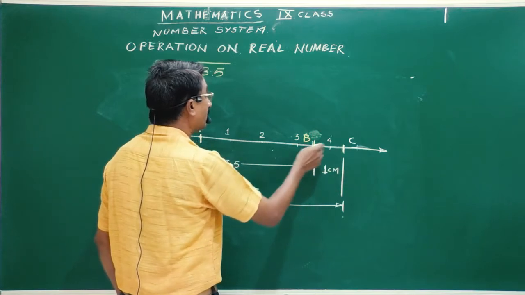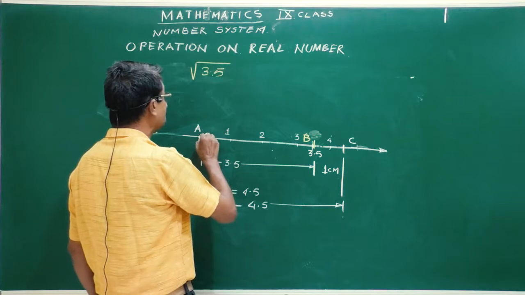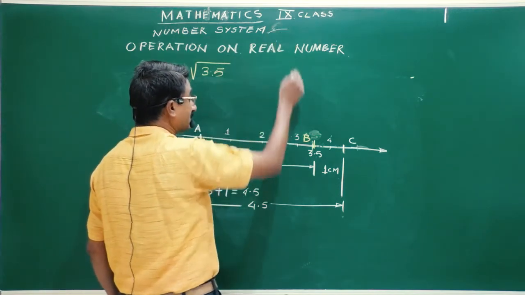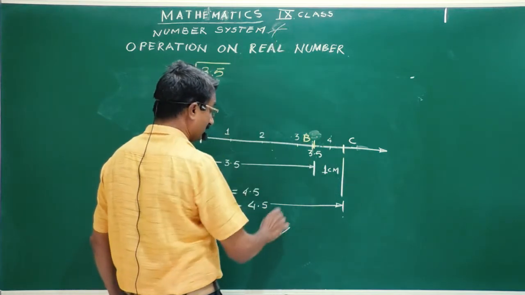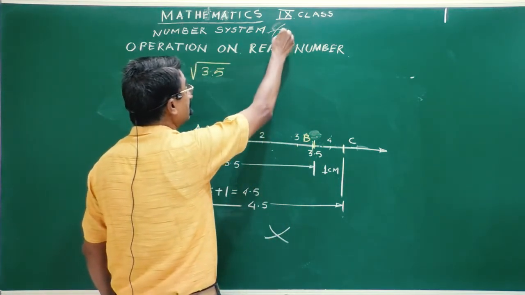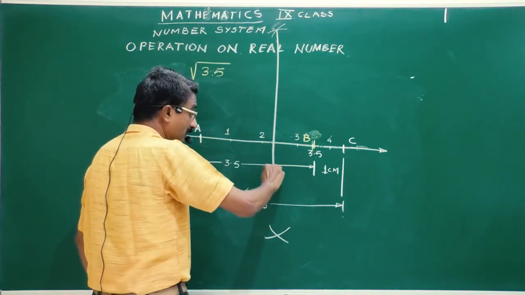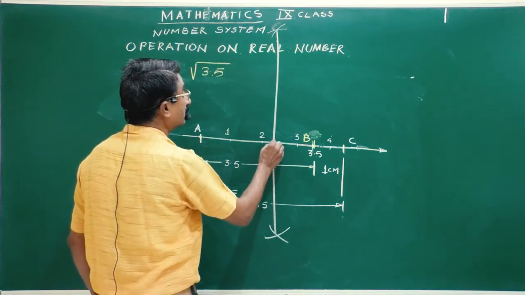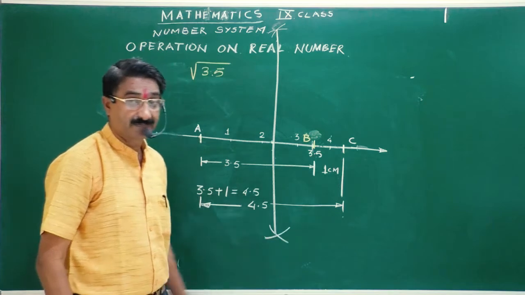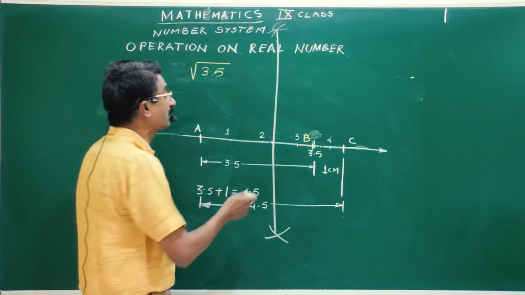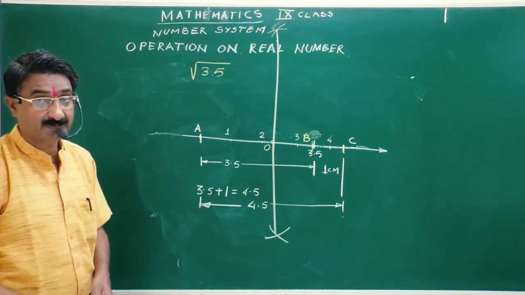Approximately with the help of the compass, more than half the distance you will take it and mark the arc on both the sides from taking center A and center C like this, and join the line. Say this is the center. Now AC is bisected. Clear? So this point is represented by O.